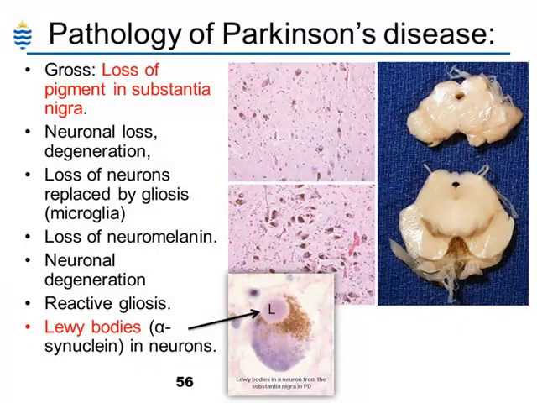Dopaminergic nerves, bradykinesia. Pathology is only loss of pigment in the substantia nigra in the brain stem. Microscopically, loss of neuronal cells, pigmented neuronal cells. This is normal. This is Parkinson's, and they have Lewy bodies.